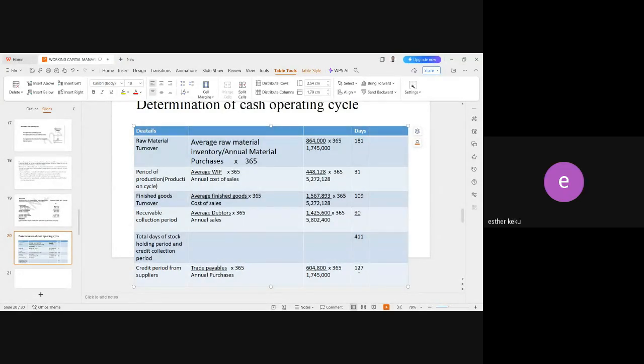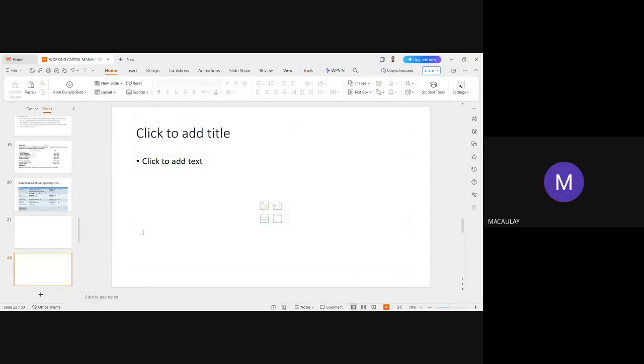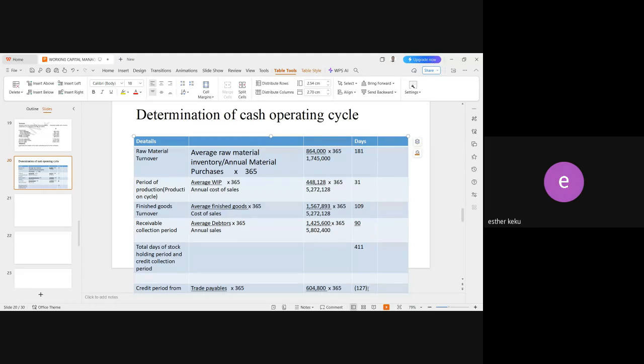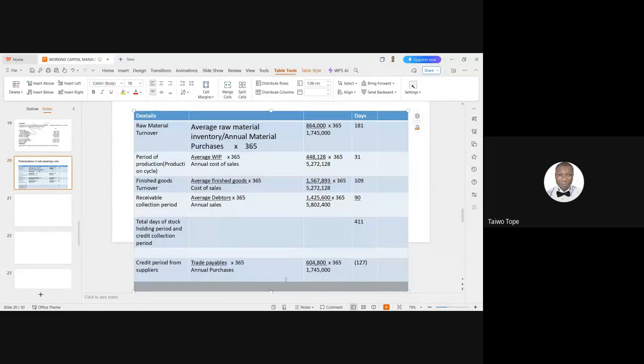What will happen to this value of 127? Subtract it from 411. You get 284.